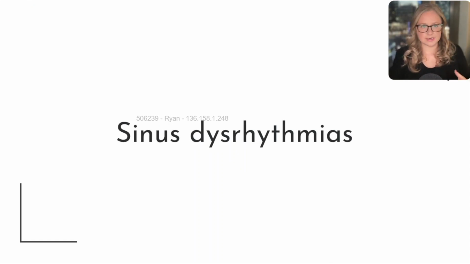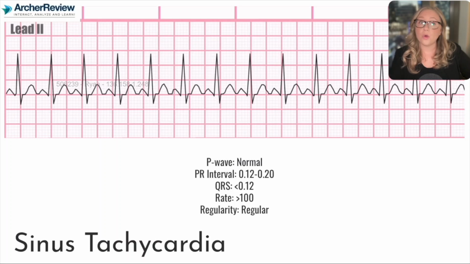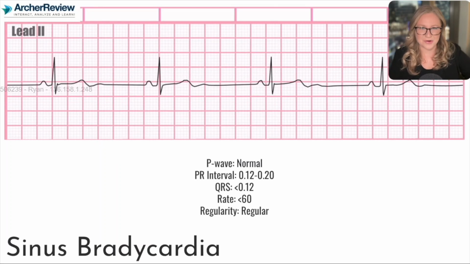We call them sinus dysrhythmias because they are still having electrical activity move through the sinoatrial node of the heart and down that electrical highway like they're supposed to. They're just either doing it too fast, like in sinus tachycardia, or they're moving too slow, like in sinus bradycardia.